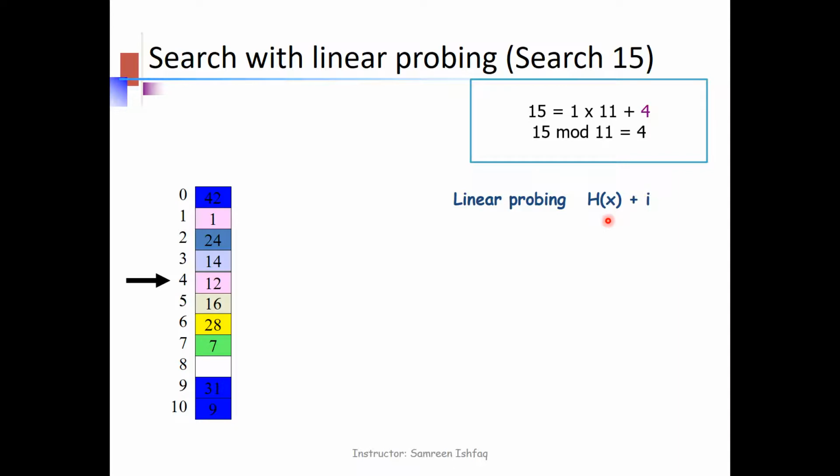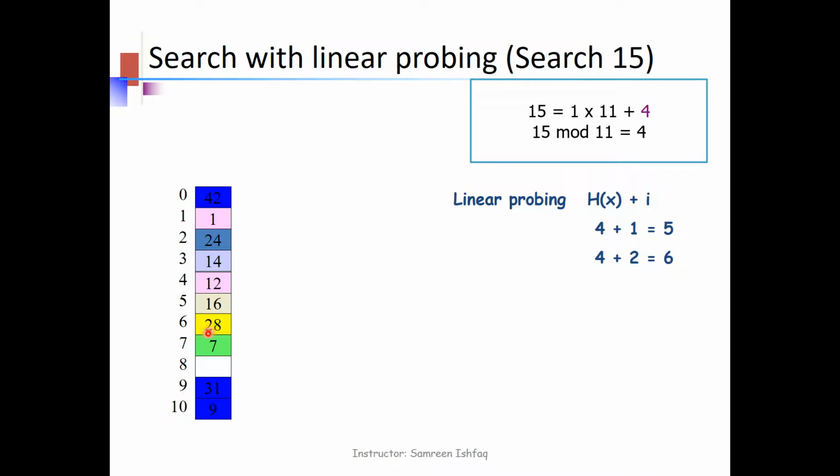So the value of h of x is 4 plus the total number of collisions occurred till now, which is 1. 4 plus 1 is equal to 5. Now we will check the next location, that is 5, and compare 15 with that value. 15 is also not equal to 16. Now we will try the next location. 4 plus 2, number of collisions is 2 now. 4 plus 2 is equal to 6.